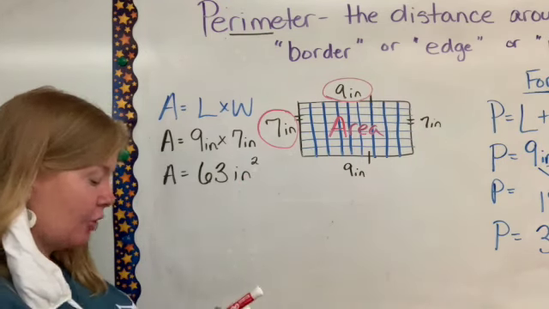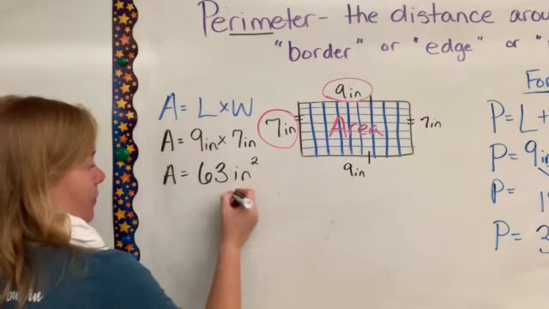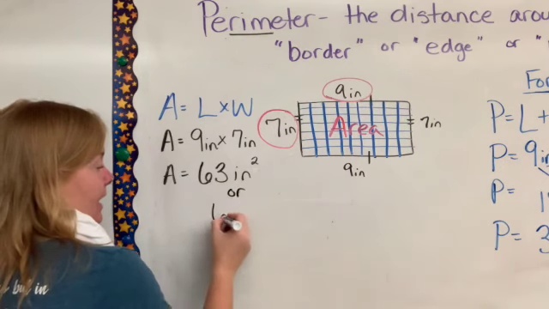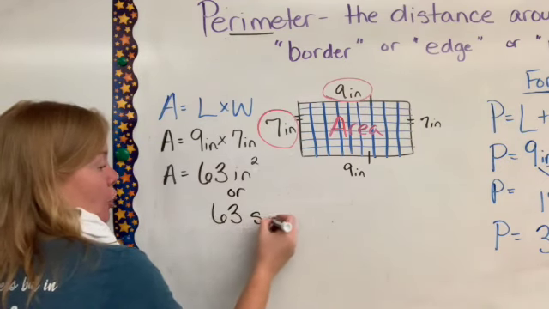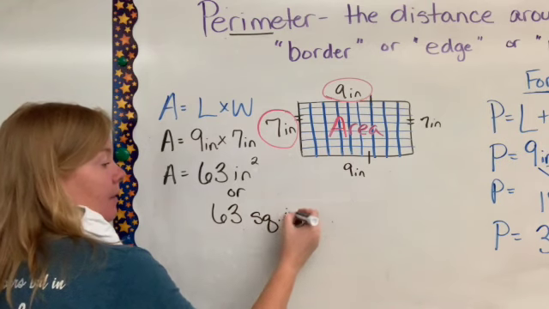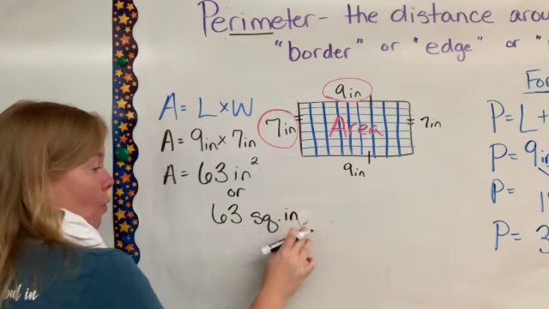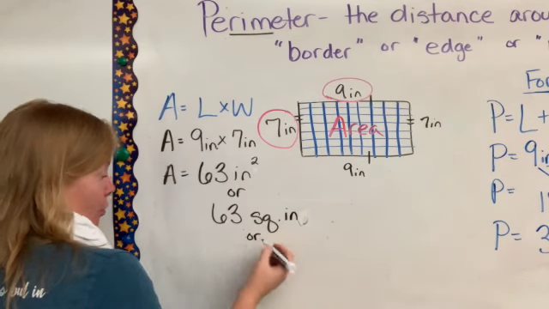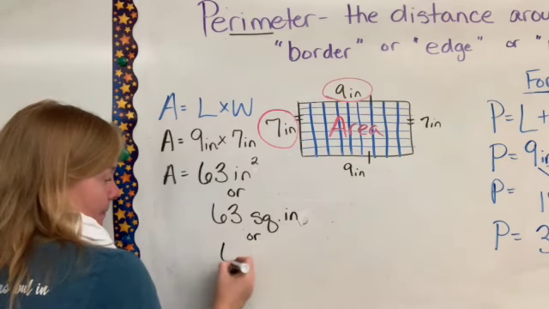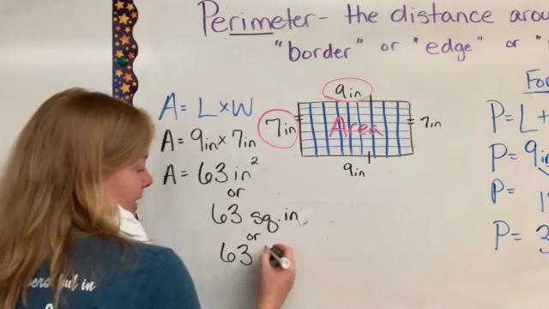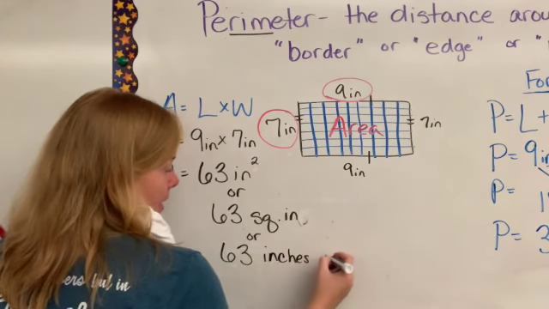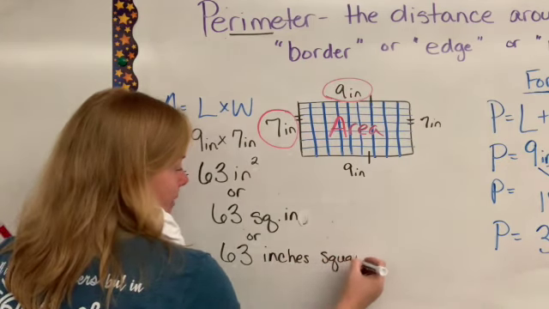Or you have the option of writing it as 63 square inches. Well, you don't have to put the whole word. Or you could write it 3 ways. 63 inches square.